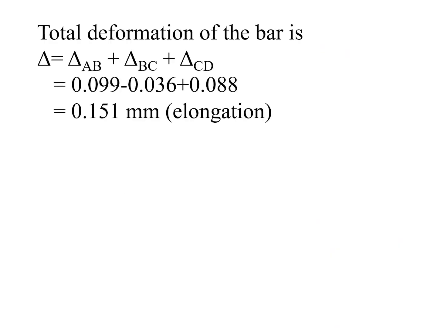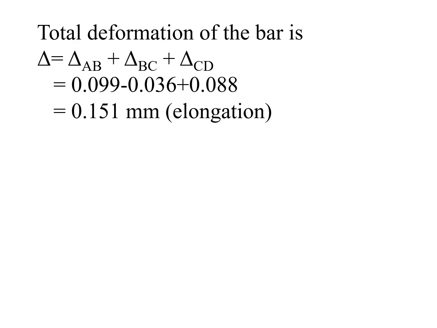And the total deformation of the bar, delta, is equal to the deformation of the AB section plus the deformation of the BC section plus the deformation of the CD section. All of delta AB, delta BC and delta CD we determined in the previous slides.